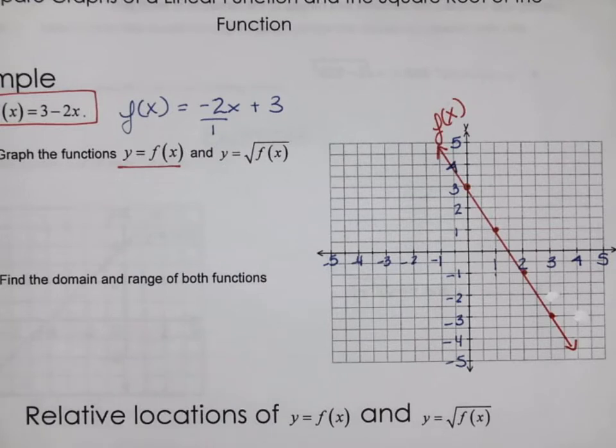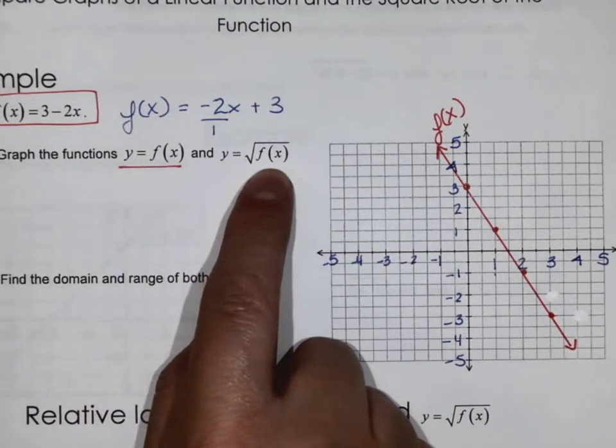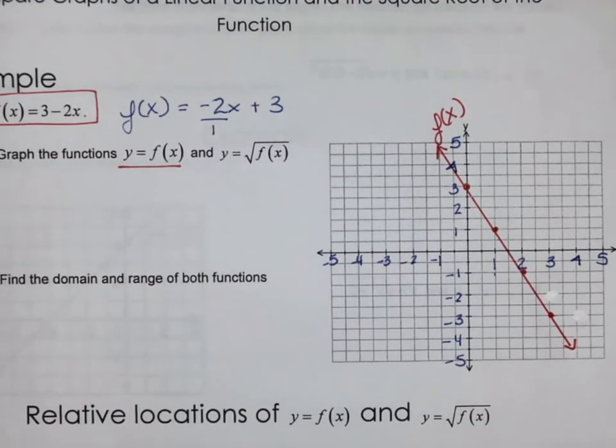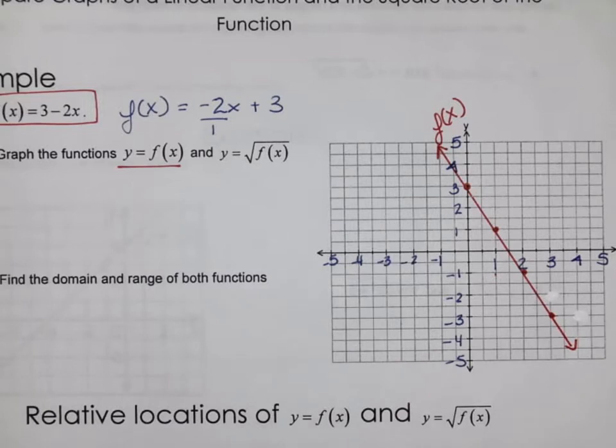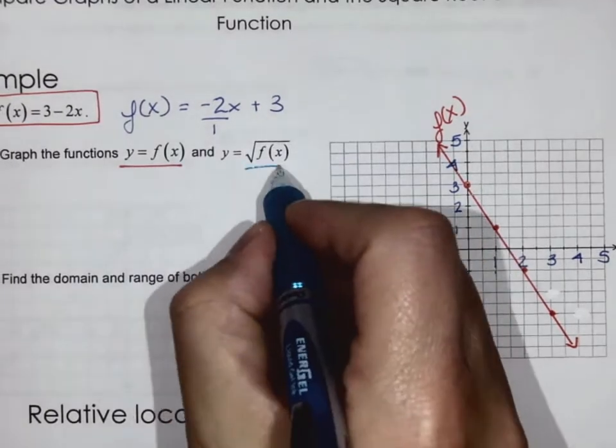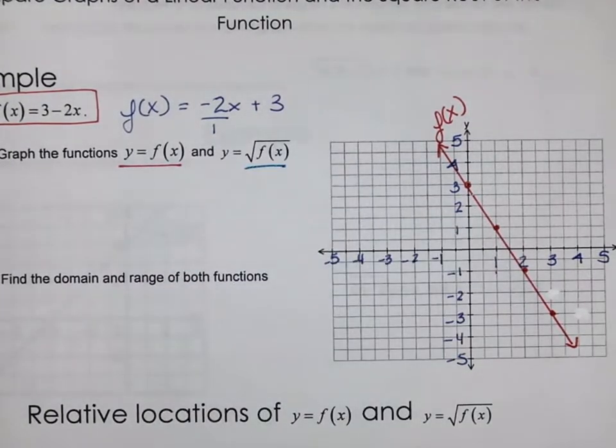All right. So what's under the root sign? F of x. What letter does that represent? Y. All right. I see the excitement in your voices. Okay, so that means we're going to square root y values only.